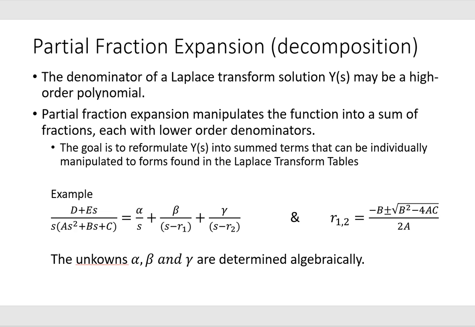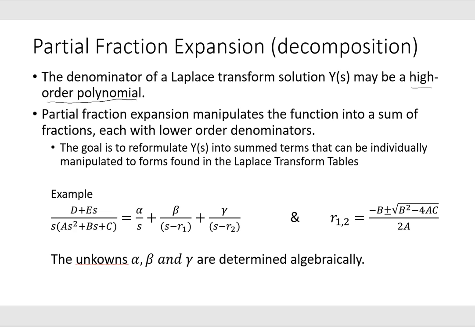However, the denominator of most real solutions to dynamic functions is often a high-order polynomial. That can be a real problem because it's hard to find these high-order polynomials in any sort of Laplace transform table.